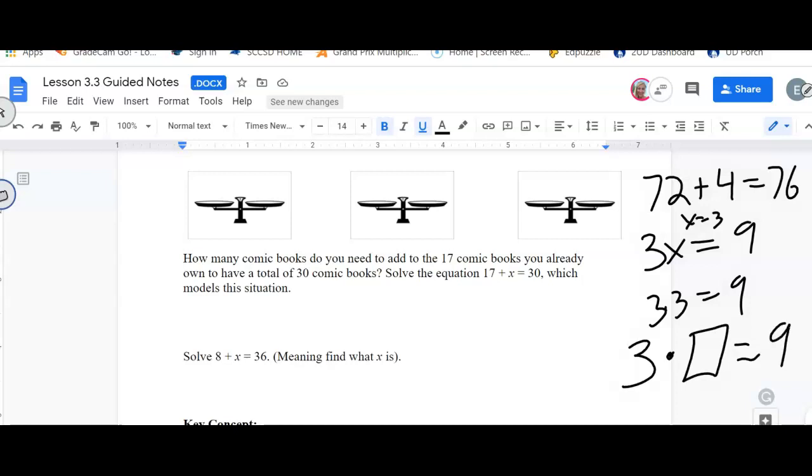Have you ever seen a problem like this with the open box? You've probably been seeing questions like this since 1st grade, right? 4 plus some number equals 6. What's that some number? Chris? It's 2. 4 plus 2 equals 6. You made the equation true.